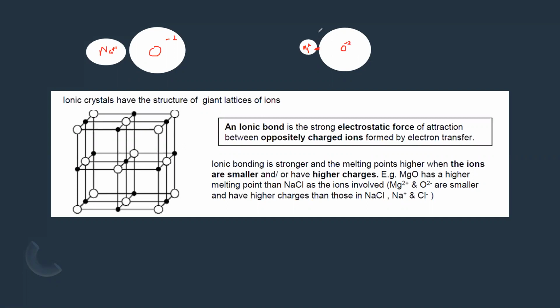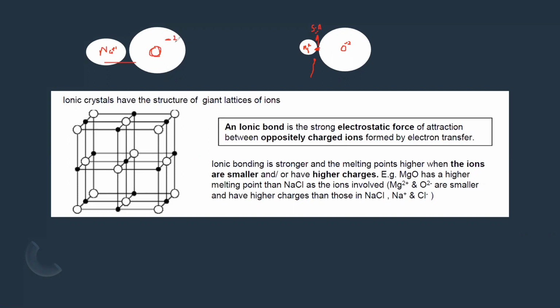If ions are closer, they have a strong attraction. And if they have a strong attraction, it will be difficult, or we need a greater amount of energy, to separate these ions or to change the state. That's why the melting point of magnesium oxide will be higher as compared to that of sodium oxide or sodium chloride. Even I can take chloride here.